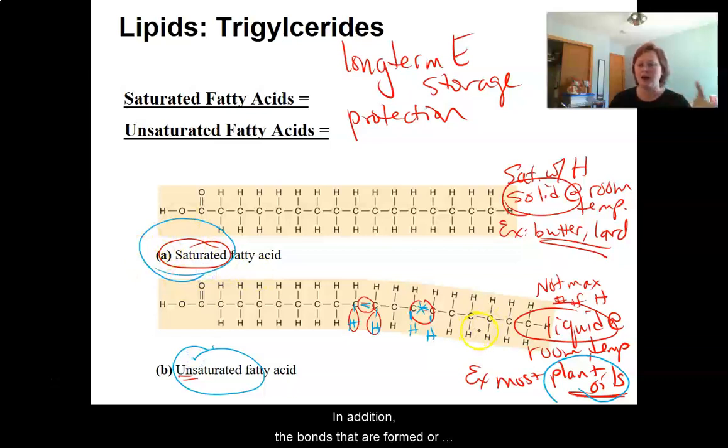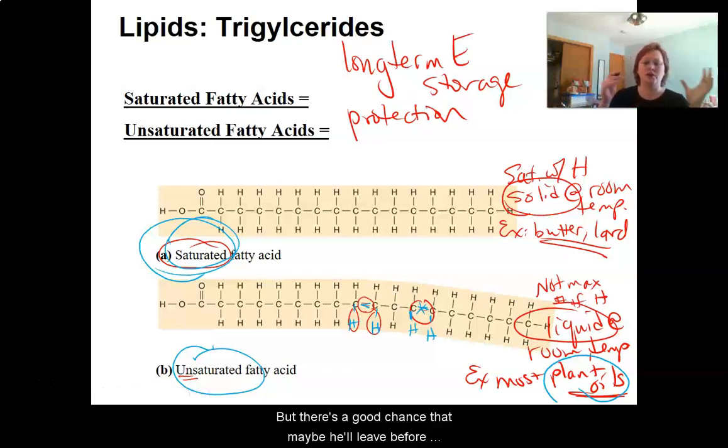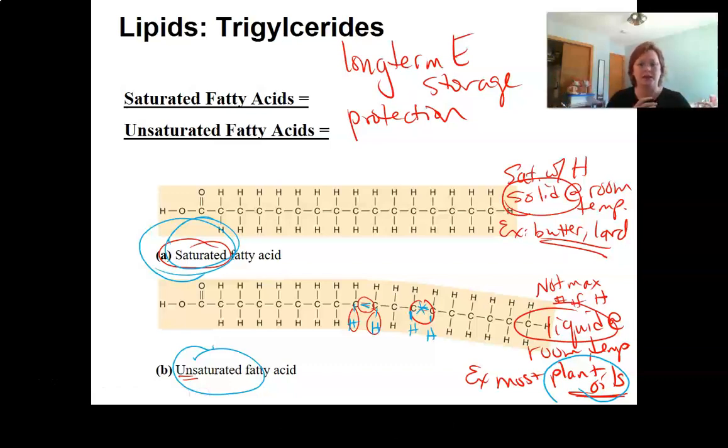In addition, the bonds that are formed are even harder for your body to break down, and so it's a little bit like this. If you eat a saturated fat, I always think it's kind of like inviting a serial killer over for dinner. Now, you might have a nice dinner, interesting conversation for sure, but there's a good chance that maybe he'll leave before he kills anybody.